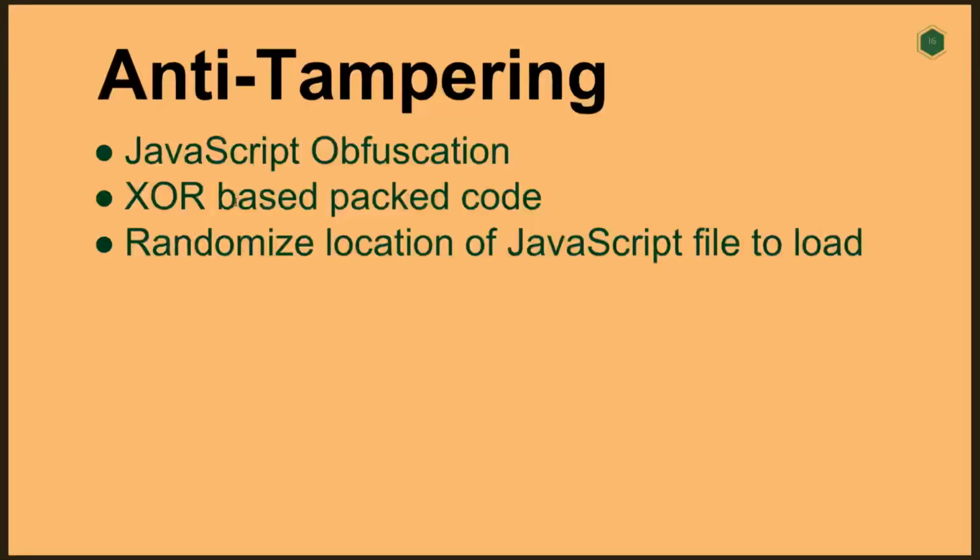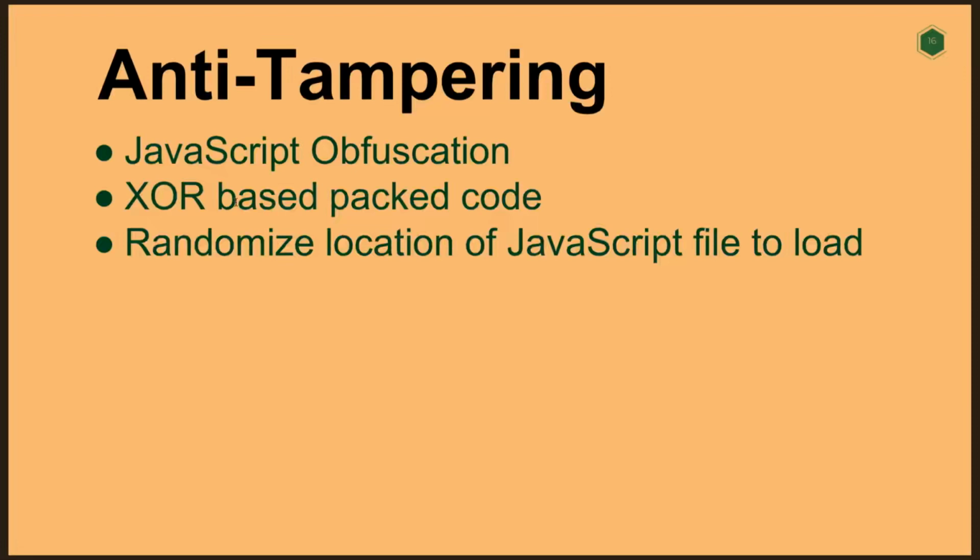The next piece is anti-tampering. These vendors or in-house solutions know that they're serving this JavaScript with every single web request, so they know that attackers are looking at this code. So what can they do? They're implementing some anti-tampering technologies.